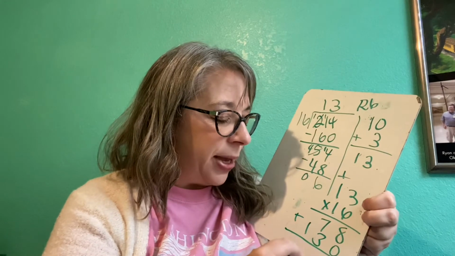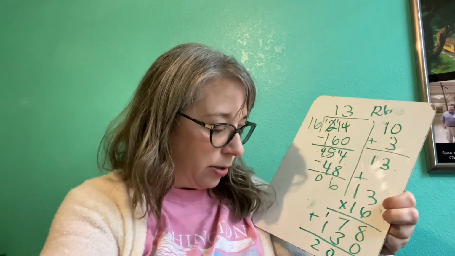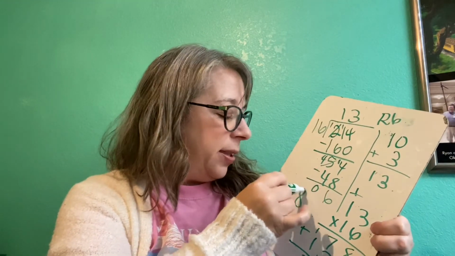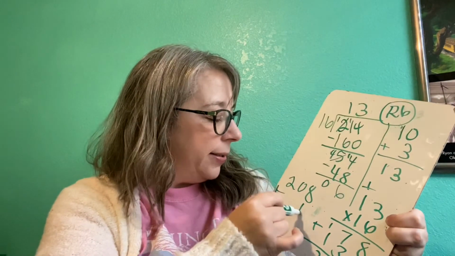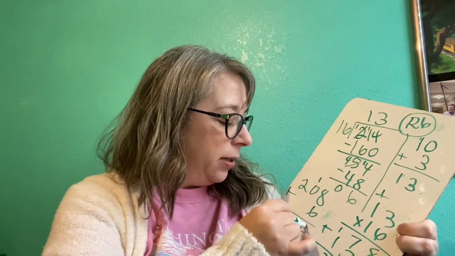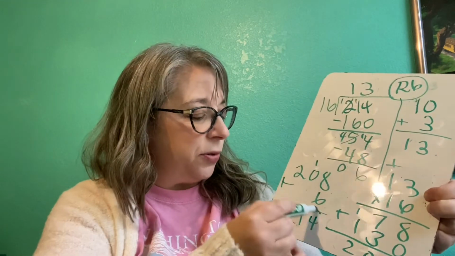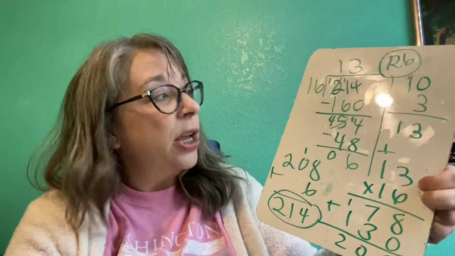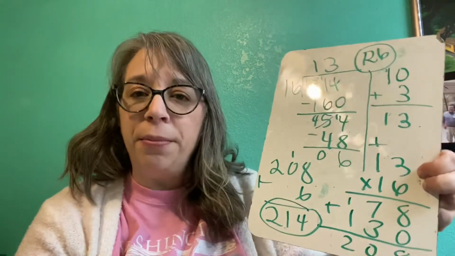Let's add those up. 8, 1, 0. That's 208. So now with this answer, we will add our remainder, plus 6. And so 8 plus 6 is 14, 1 plus 0 is 1, and 2 plus nothing is 2. So 214 equals 214. We know we are correct. So 214 divided by 16 is 13 with a remainder of 6.